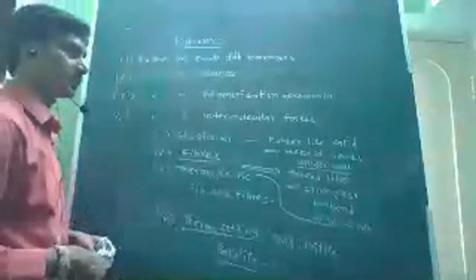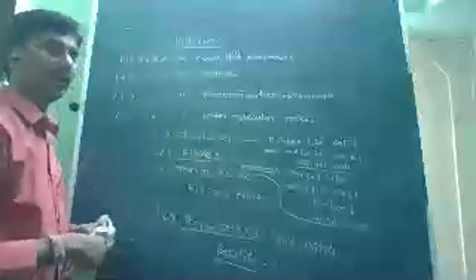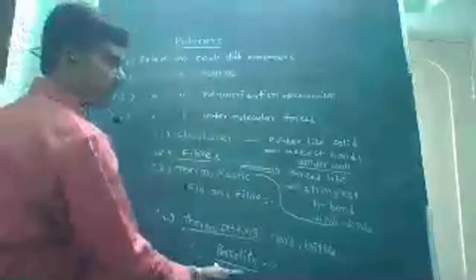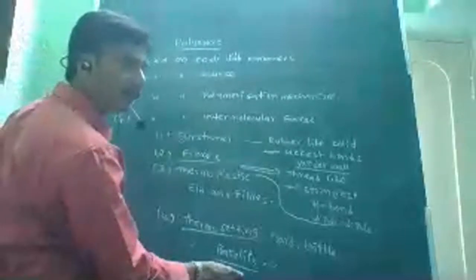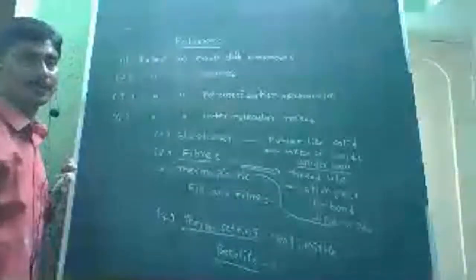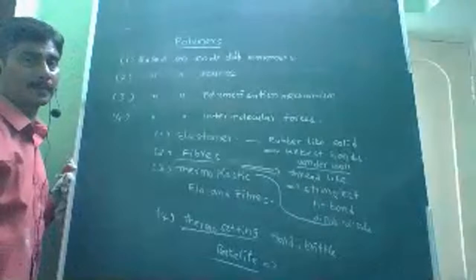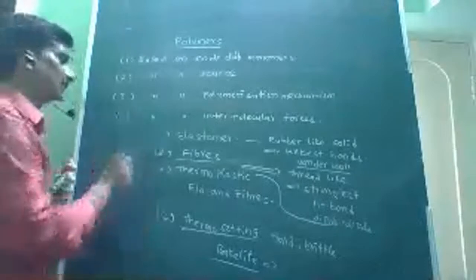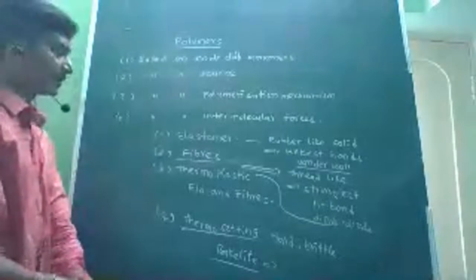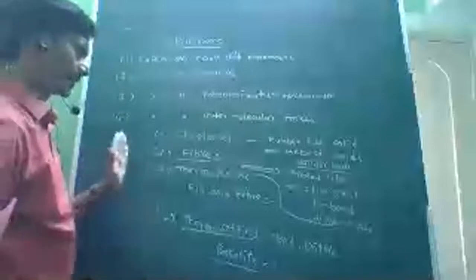For example, electric switches, which are thin, they just melted, but cannot be remolded. So they doesn't have any much more damage. So this is the fourth level of classification based on the intermolecular forces: elastomers, fibers, thermoplastic, and the thermosetting. It is important.